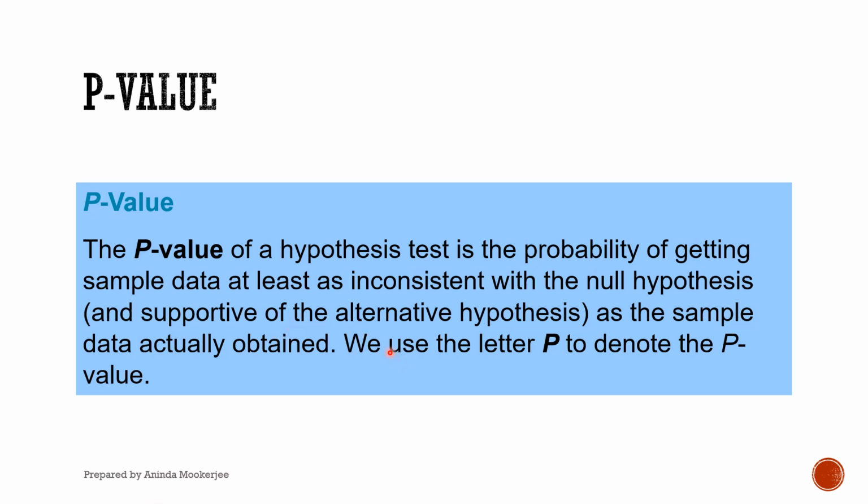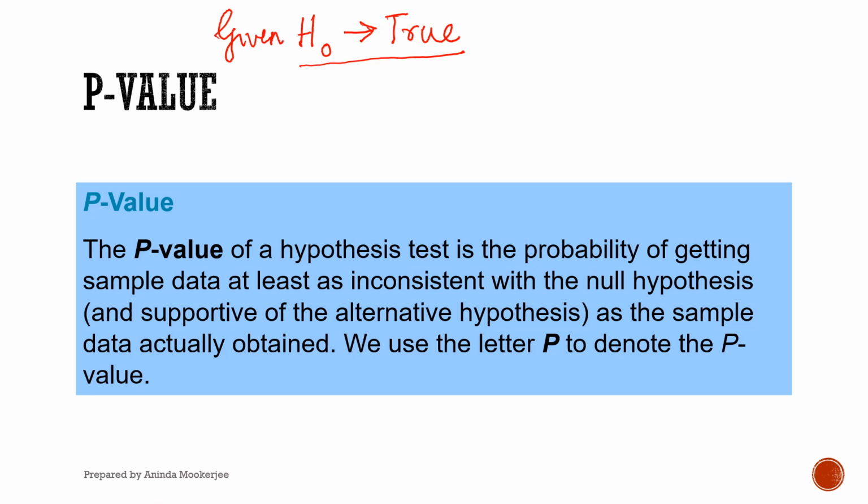So let me just start with an example. What it is saying is, in a p-value approach, we assume that the null hypothesis is true. So we begin with the assumption that the null hypothesis is true. So given that the null hypothesis is true, what is the probability? Let me just write that down here.